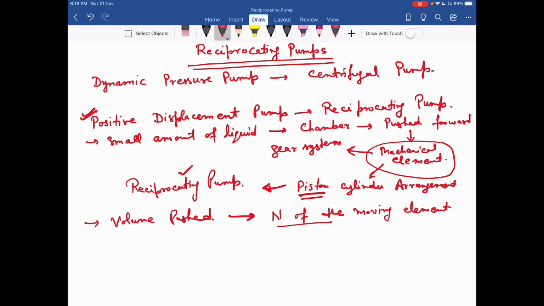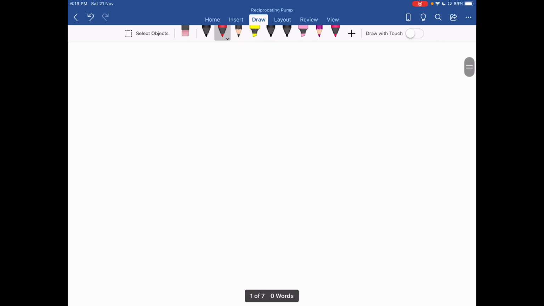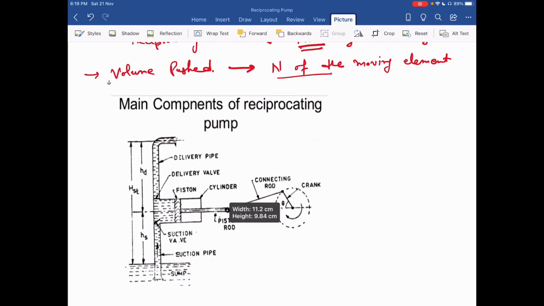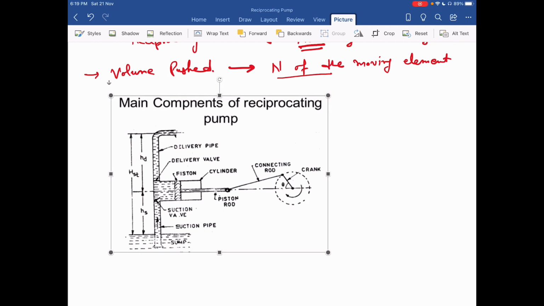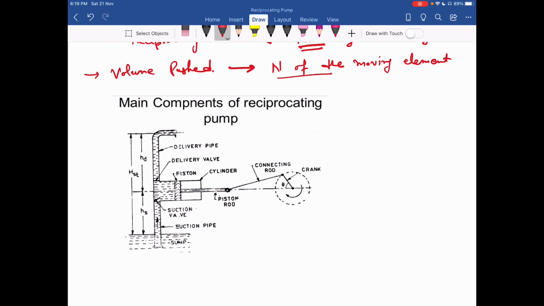Next we see the main components of a reciprocating pump. The main components are the sump, which you can see here, the suction pipe, the delivery pipe, and the piston cylinder arrangement.